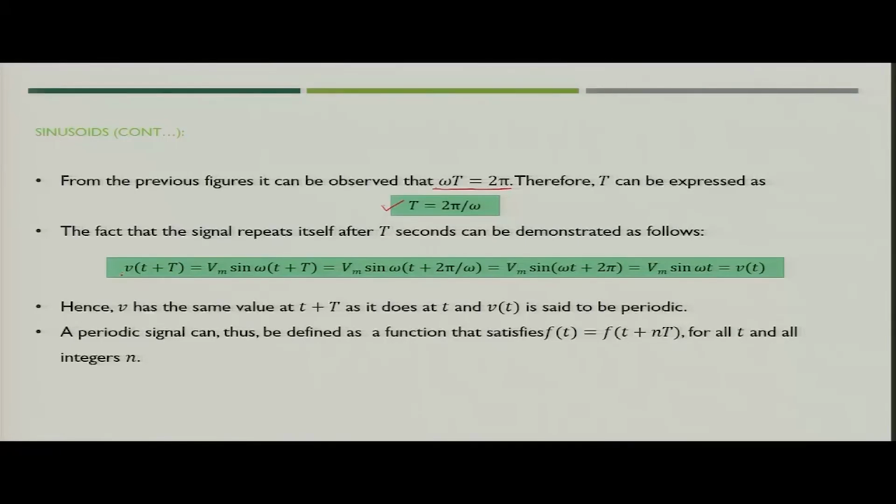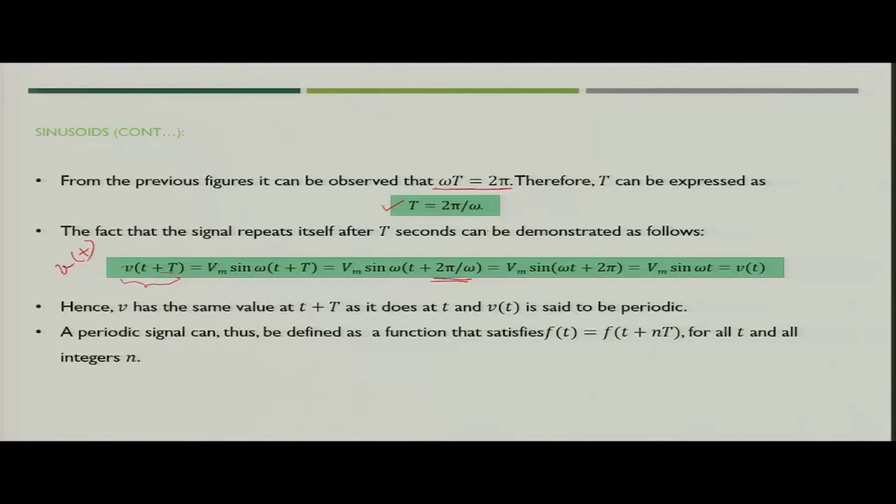Say our original signal is V of small t. We add capital T, that is the time period, with small t, so we have another function V of t plus capital T, that is nothing but Vm sin omega, where small t is replaced with small t plus capital T, equal to Vm sin omega times small t plus 2 pi by omega.